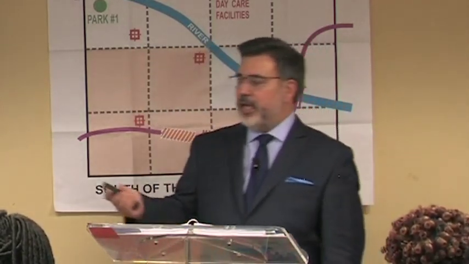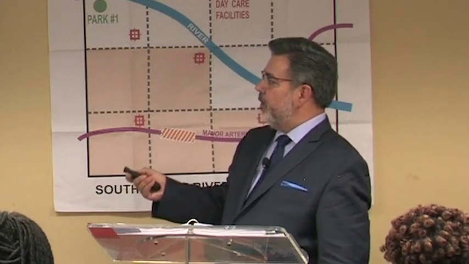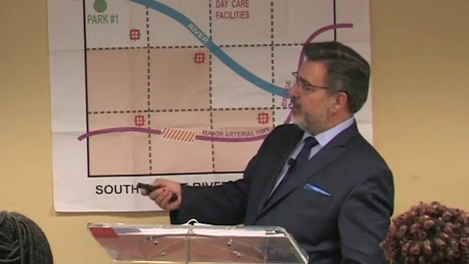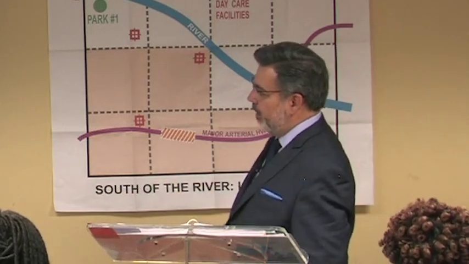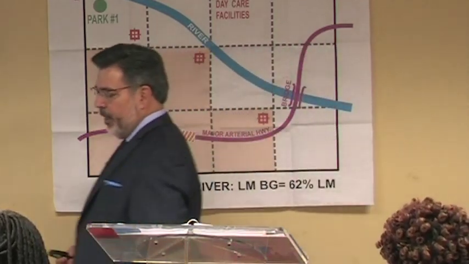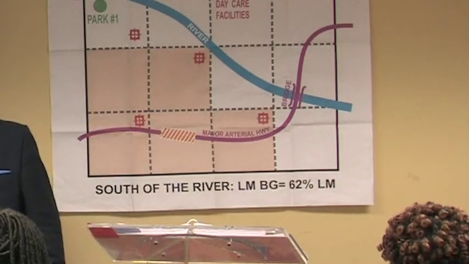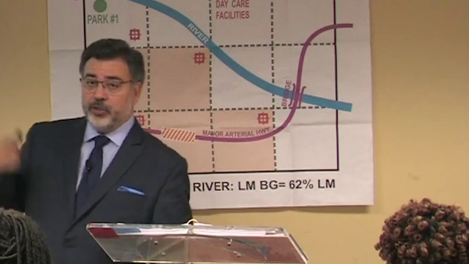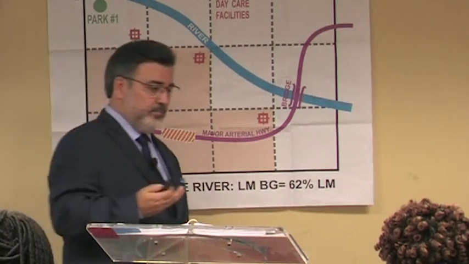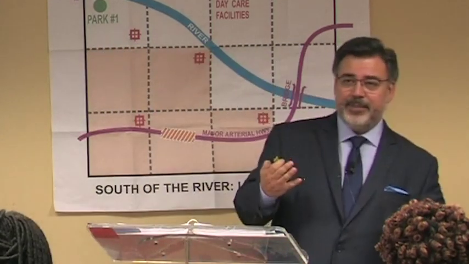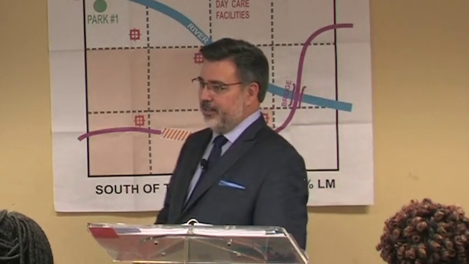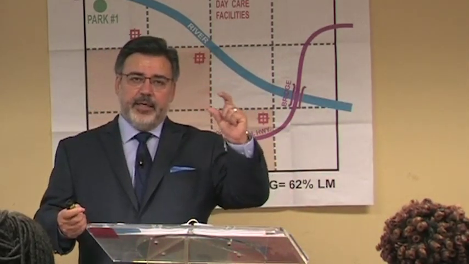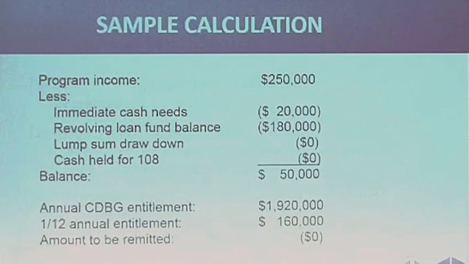After you've done all of that, anything in excess of 1/12 of your recent entitlement must be remitted. So if your entitlement is $1 million, it would be 1/12 of that, whatever that number happens to be, 83,333, I think, okay? So anything above that number would have to be remitted to HUD.